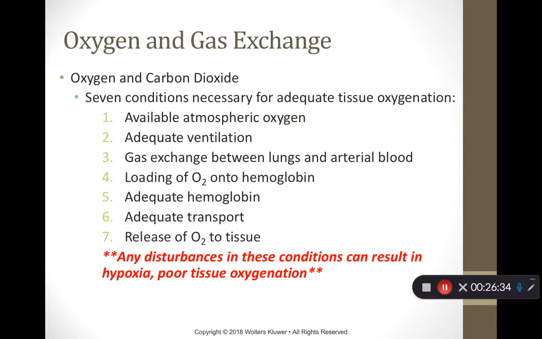So there has to be available atmospheric oxygen, adequate ventilation, the gas exchange between the lungs and arterial blood has to be adequate, loading of oxygen onto hemoglobin has to be perfect, there has to be adequate hemoglobin concentrations, adequate transport of the oxygen, and also adequate release of oxygen to the tissue.